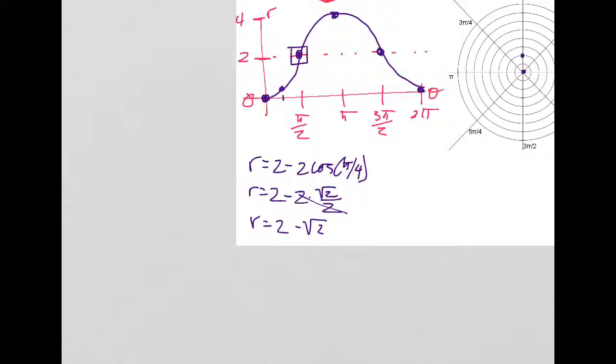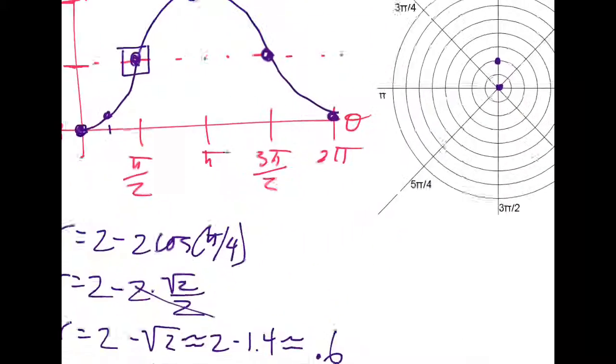It's roughly 1.4. So we have essentially 2 minus 1.4, which means we're dealing roughly with 0.6. And you should get to the same spot if you plug in the actual cosine and theta values. You should get about 0.6. It's actually a little less than that, but we're not really able to graph that accurately anyways.